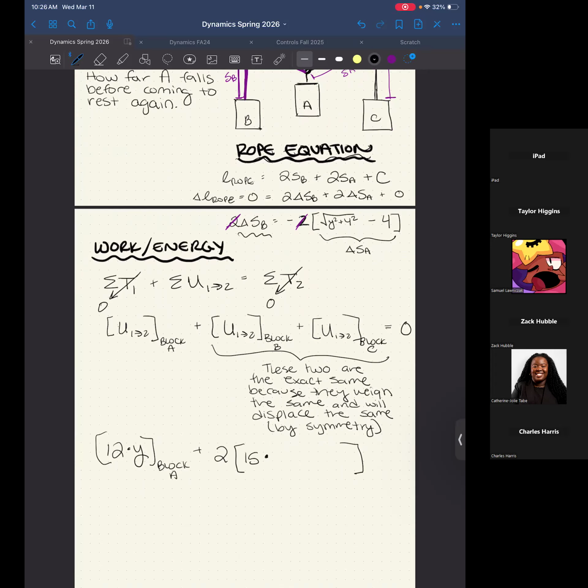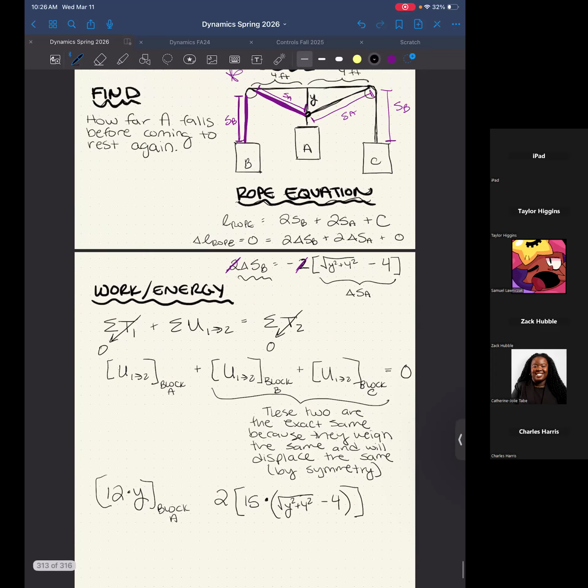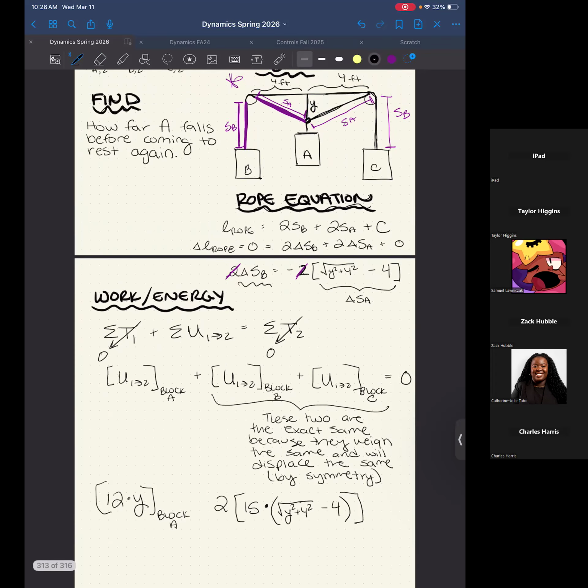Right, the delta S_B tells us how much the block B displaces. So it's the square root of y squared plus 4 squared minus 4. And is this positive work being done or negative work being done? Negative, because the weight pushes down, but blocks B and C are moving up. So we get a minus this term.